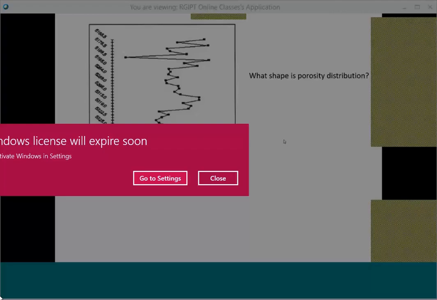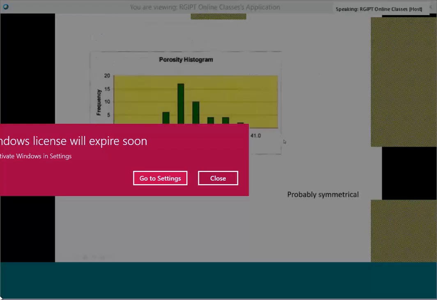Okay. But what basically you should do is, instead of doing that, you plot a porosity histogram. Yes, sir. And then you fit a curve through that.